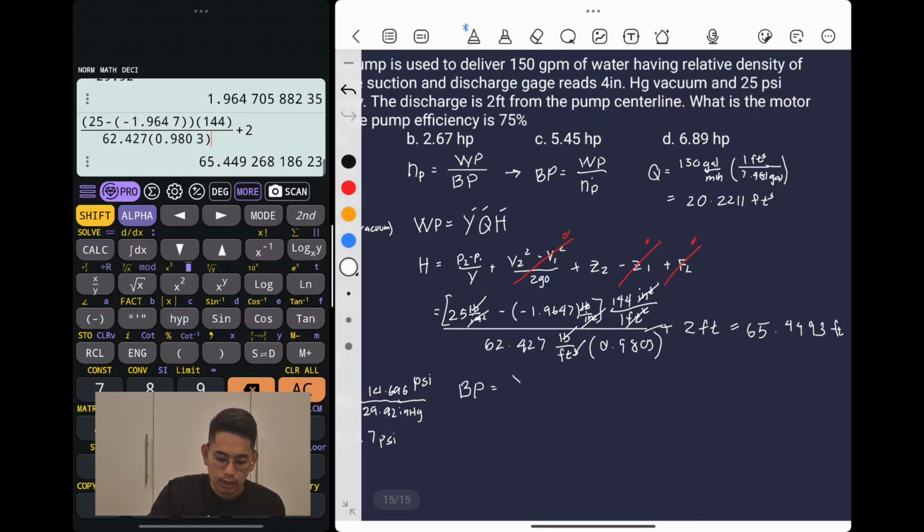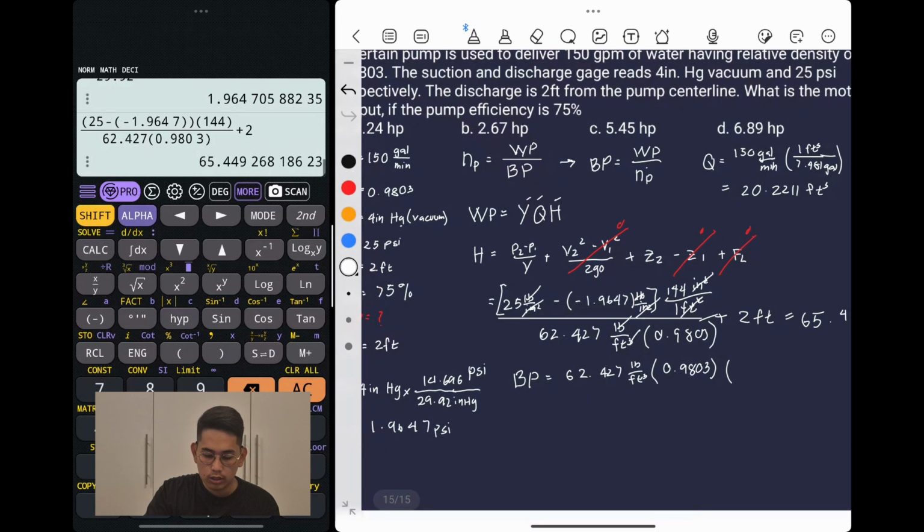So galing tayo sa main equation natin na BP. So WP, gamma natin is 62.427 pounds per cubic foot. Siyempre times pa rin natin sa 0.9803 na relative density. So times sa QH.